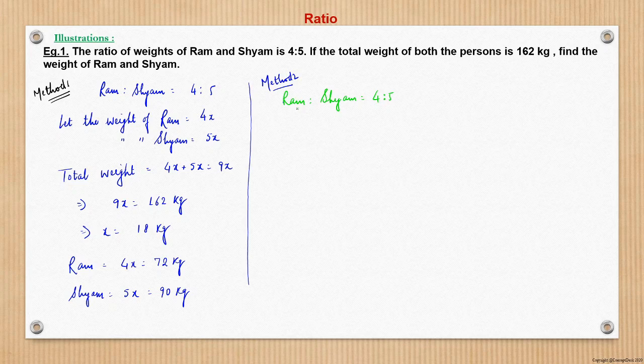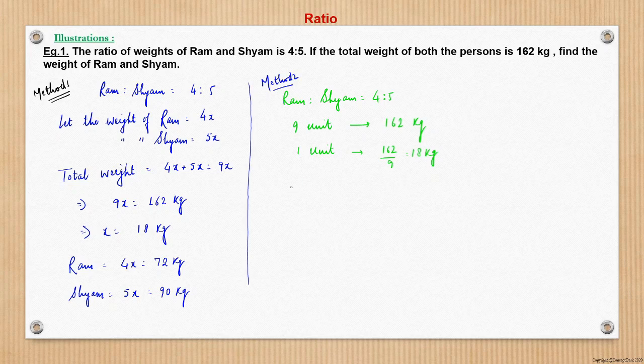This gives that if Ram weighs 4 units, Shyam will weigh 5 units. So let us assume in terms of the ratio only that Ram weighs 4 units and Shyam weighs 5 units. Total weight is 9 units. 9 units correspond to 162 kg. So from here we can say 1 unit will correspond to 162 by 9, which is 18 kg.